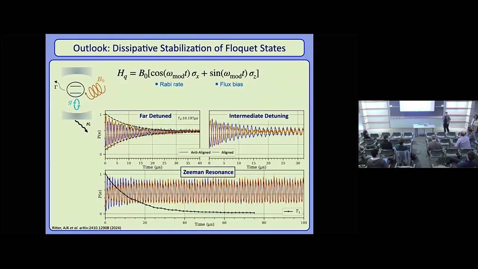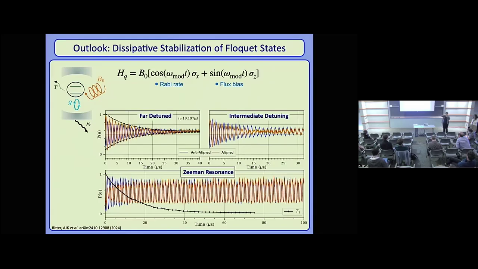And then the cavity is tuned exactly onto resonance with the bare qubit transition frequency, or is it red detuned or blue detuned? Where's the cavity in all this? The cavity is here, the qubit is here, and then the qubit has a Zeeman splitting. This lowest data here is for both of the Zeeman states well below the cavity.